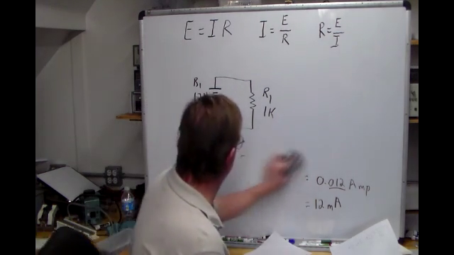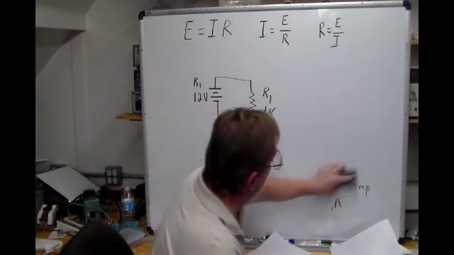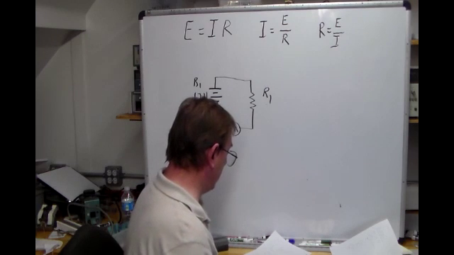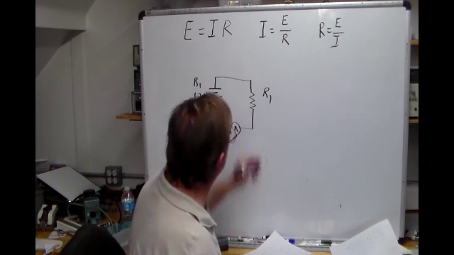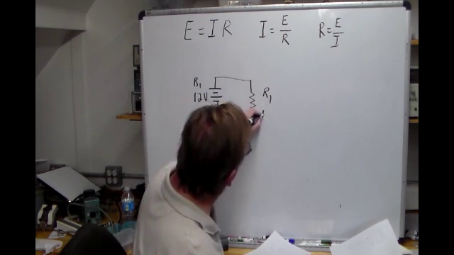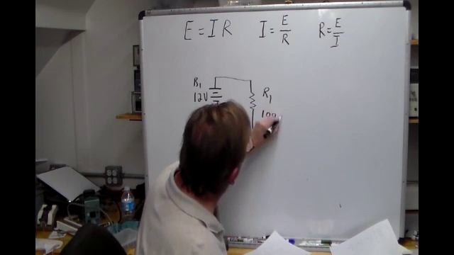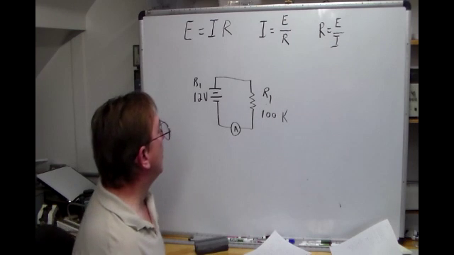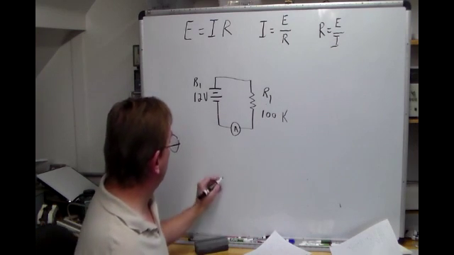So what about if we take and change this around a little bit? We bring it up to 100 kilo ohms. 100 kilo ohms. No ohm here, this is K. Alright, so back to what we want.